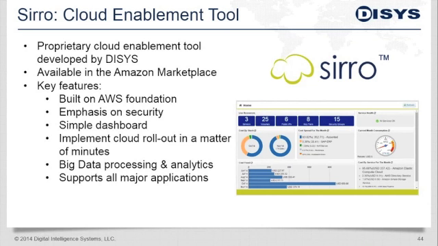Zero, the Amazon Cloud Accelerator, is itself running on Amazon to leverage the security, elasticity and availability, and it is built with a simple dashboard, intuitive controls, and supports major processing and analytics applications. So let's directly see Zero in action.